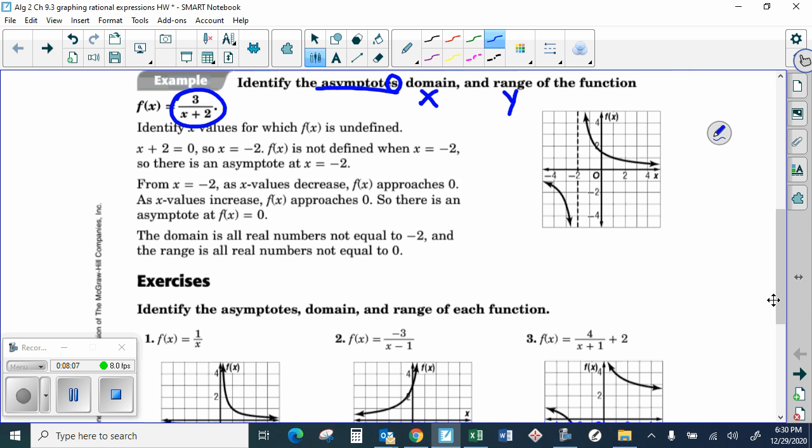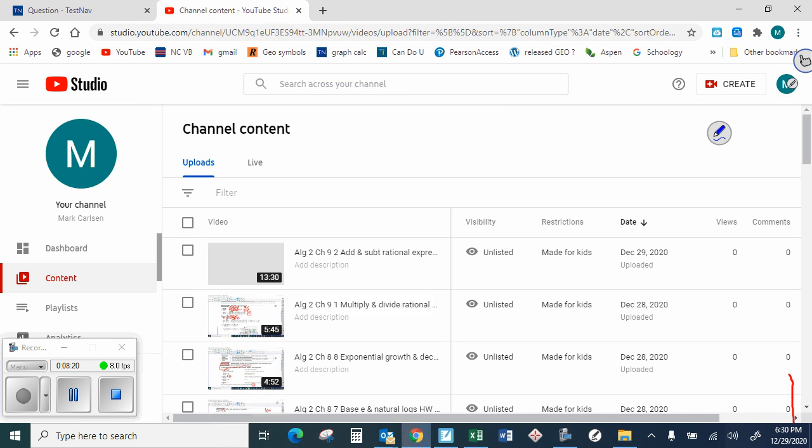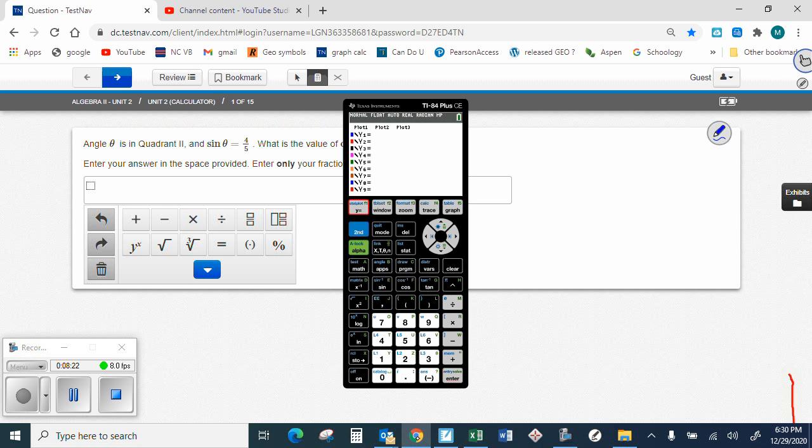By the way, when you plug it in the graphing calculator, since it's got more than one term in the numerator or the denominator, you must put parentheses around the denominator in this case. So let's just quickly look at that here so you can see. 3 divided by x plus 2, and 3 divided by parentheses x plus 2.